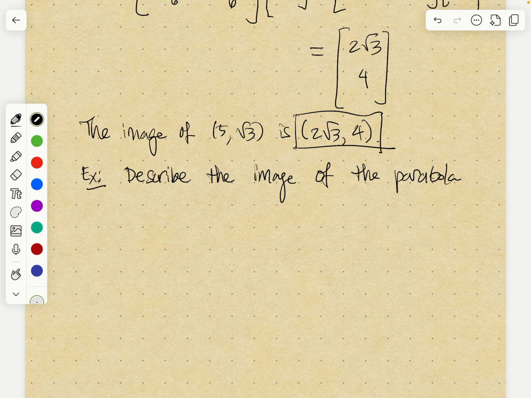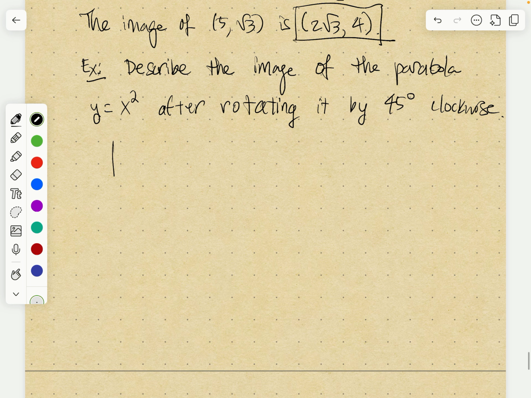It's doing something to every single point on R2. So we can think about something like the parabola y equals x squared. Describe the image of the parabola y equals x squared after rotating it by 45 degrees clockwise.